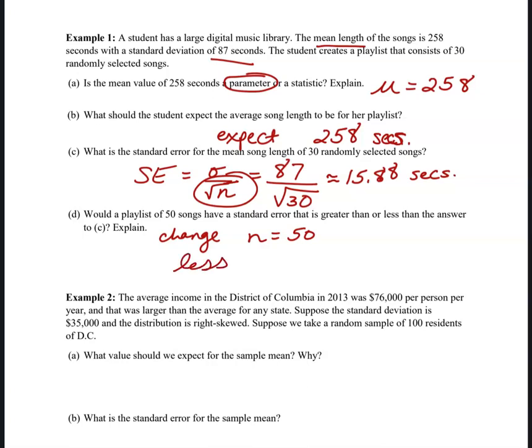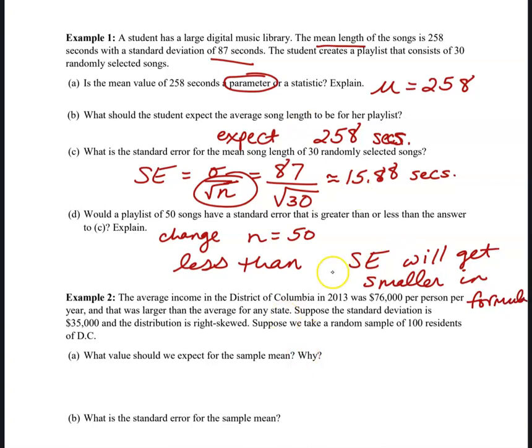So it's going to be less than, because the standard error will get smaller in the formula. And we can calculate that. You can pause the video and see for yourself, but it will be a slightly smaller number than the 15.88.